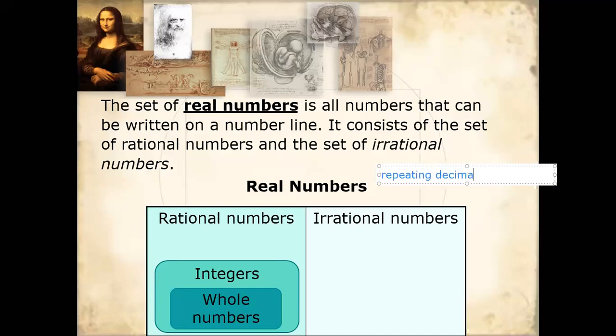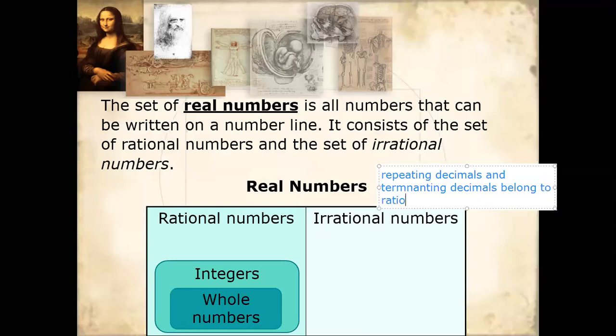Then we said repeating decimals and terminating decimals belong to rational numbers, right?